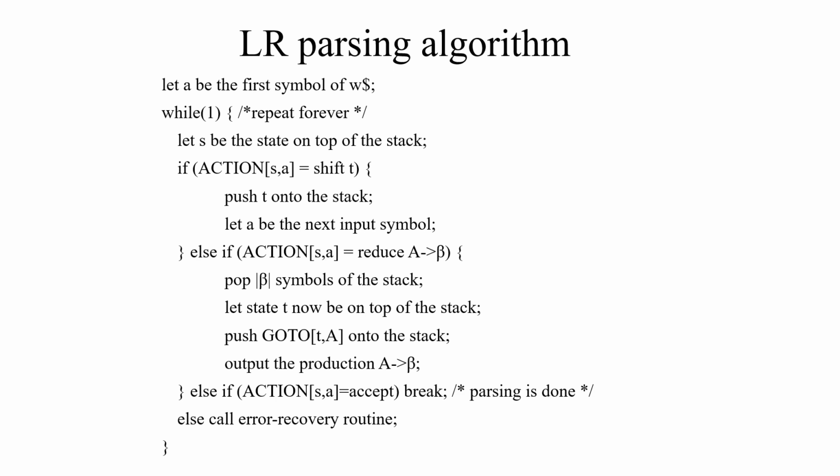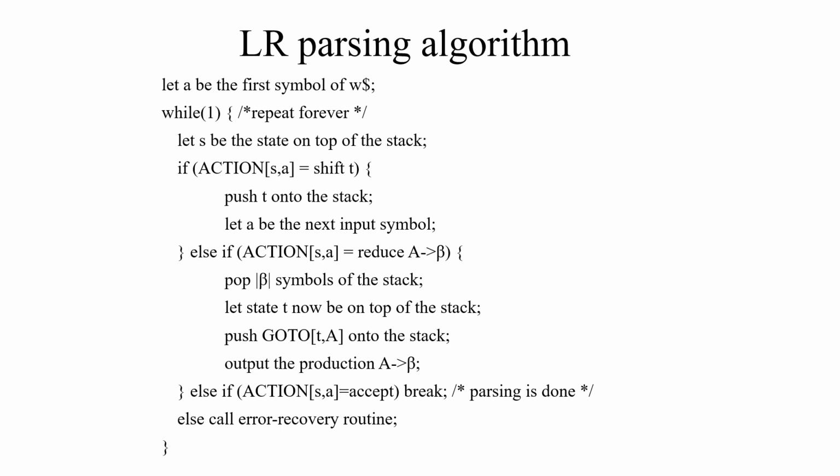Let us consider that after popping, t will be the top of the stack. Now we have to see the table, goto t on capital A. Capital A is the left hand side of the production. There is a number that we have to push onto the stack, and output the production A derives beta.